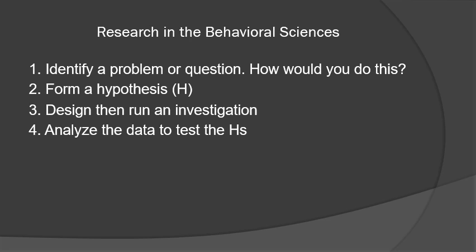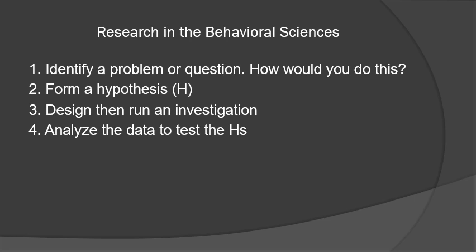So you've now seen something that made you think, oh, I wonder if everybody does that. You formed a hypothesis that everybody does indeed do that. Then you designed and ran an experiment. You got a random sample. You tested people in situations where they could or could not do the thing you hypothesized. You recorded whether they did it or not. Then you analyze the data.